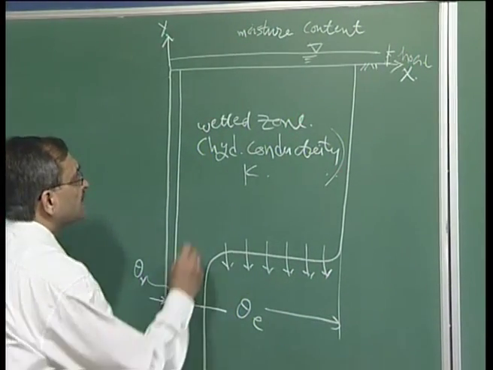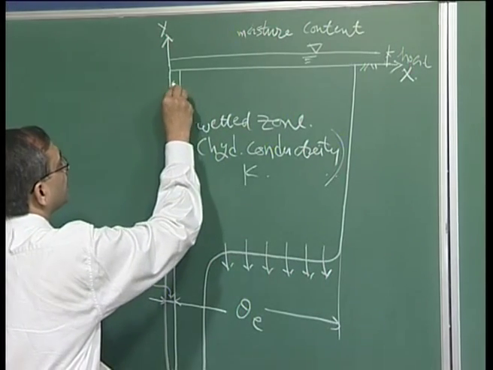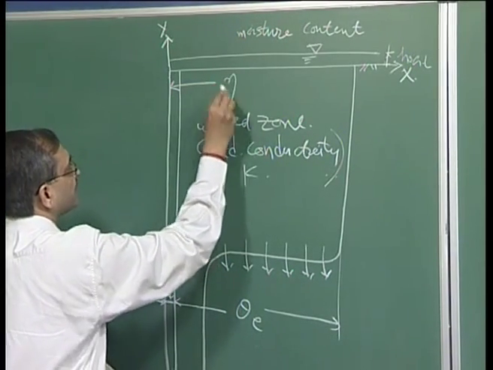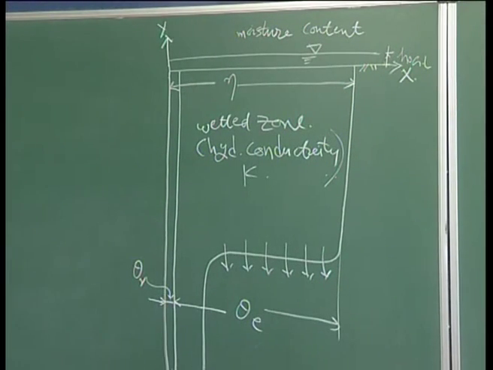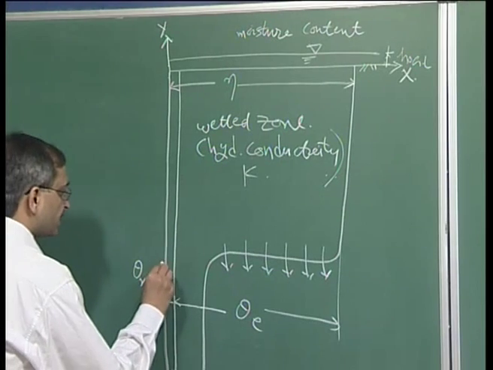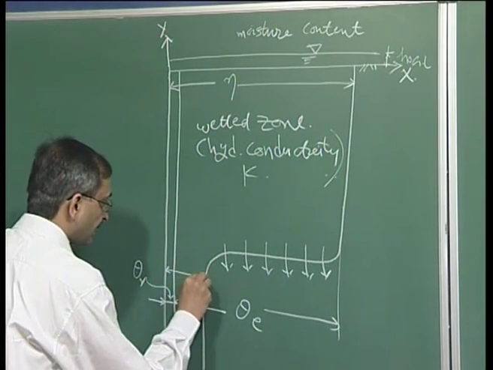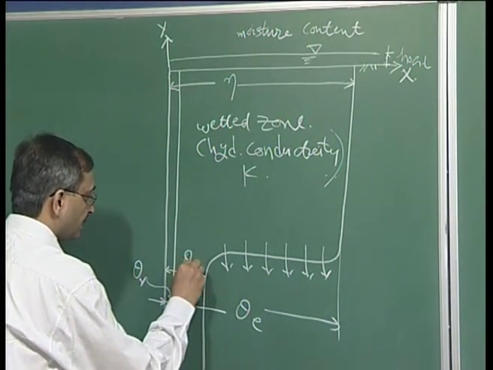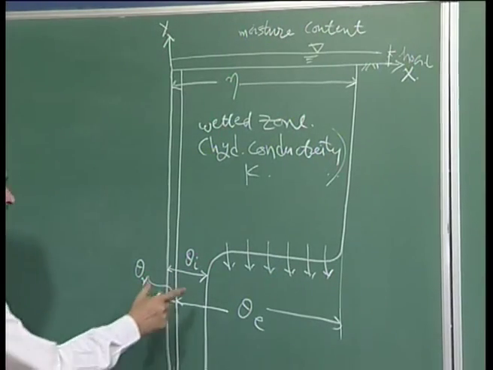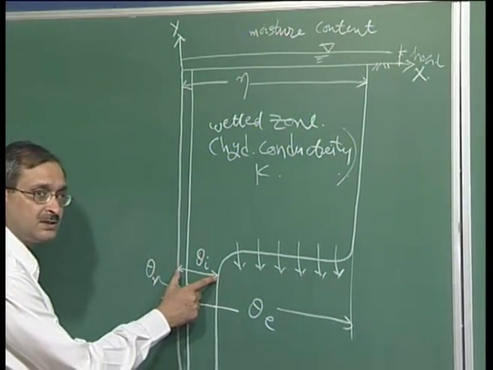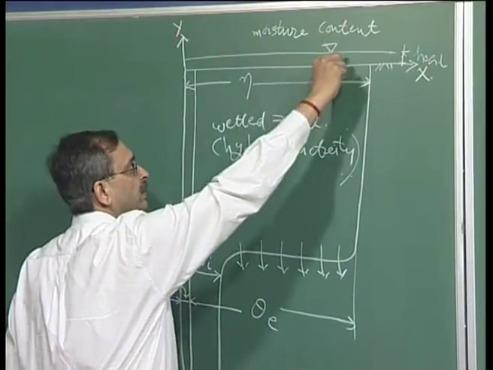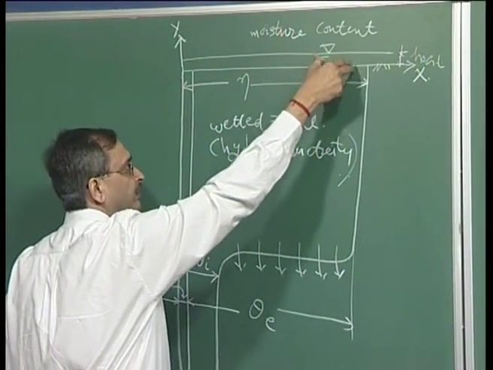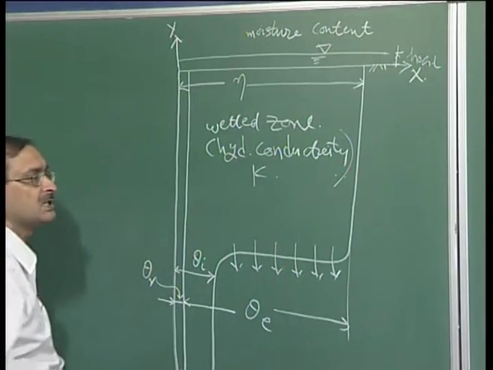And this is the maximum moisture content in the soil, which, as we have said already, is equal to the porosity of the soil, or eta. What is this? This is your theta i. So, initially this was the initial moisture content in the soil, but due to the rainfall we have some ponding depth here, H naught, and because of that we have saturated conditions close to the ground.